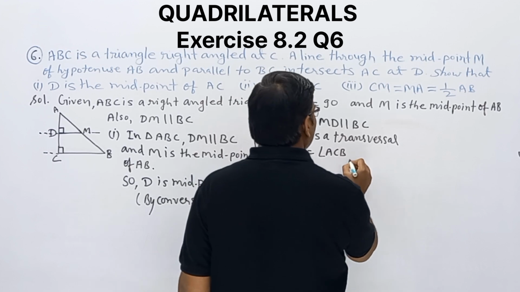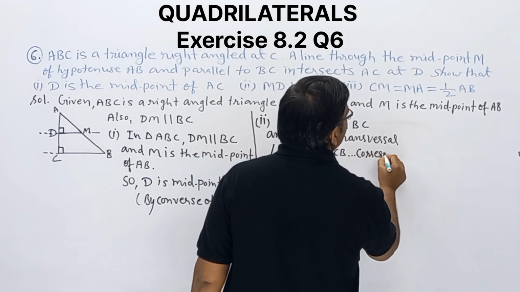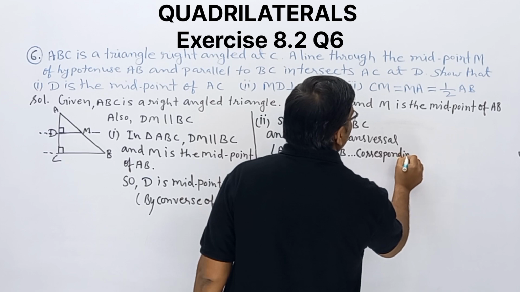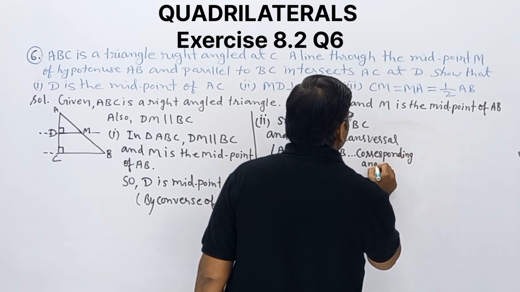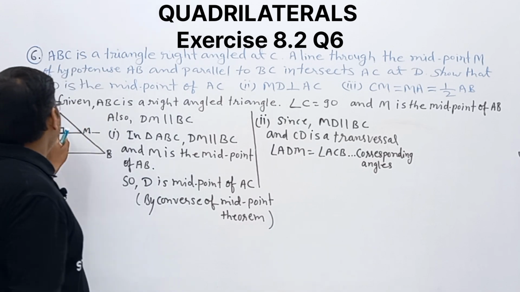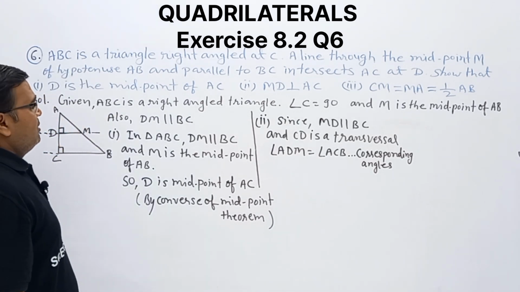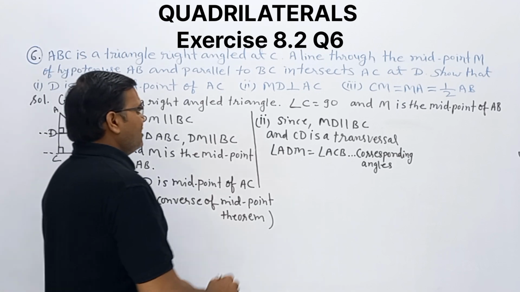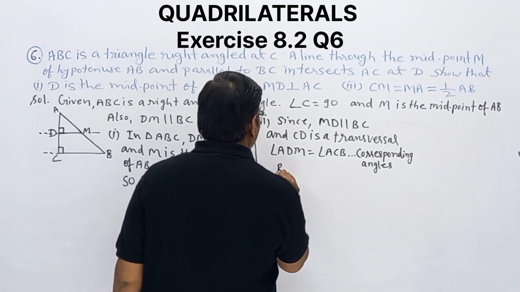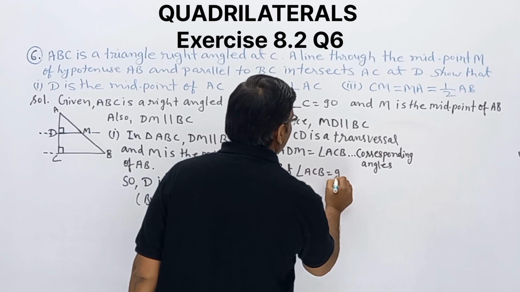Why are they equal? Corresponding angles. This angle equals this one. Why? Because they are corresponding angles. But in the question we are having angle ACB equal to 90 degrees.